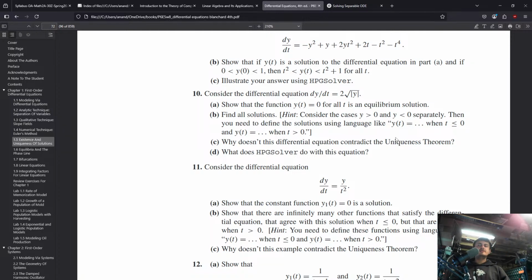Actually, does this thing have a mute button? That would be really nice. No, I'm just gonna mute it on here.